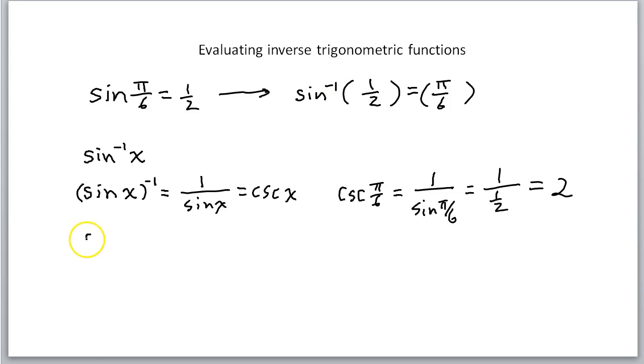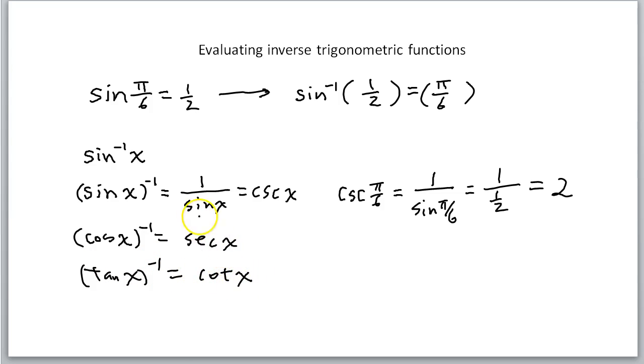There are, of course, other reciprocal functions. Cosine x to the negative 1 is called secant of x, and the reciprocal of the tangent x is called the cotangent of x. And all the trigonometric functions, including even these reciprocal functions, have inverses.